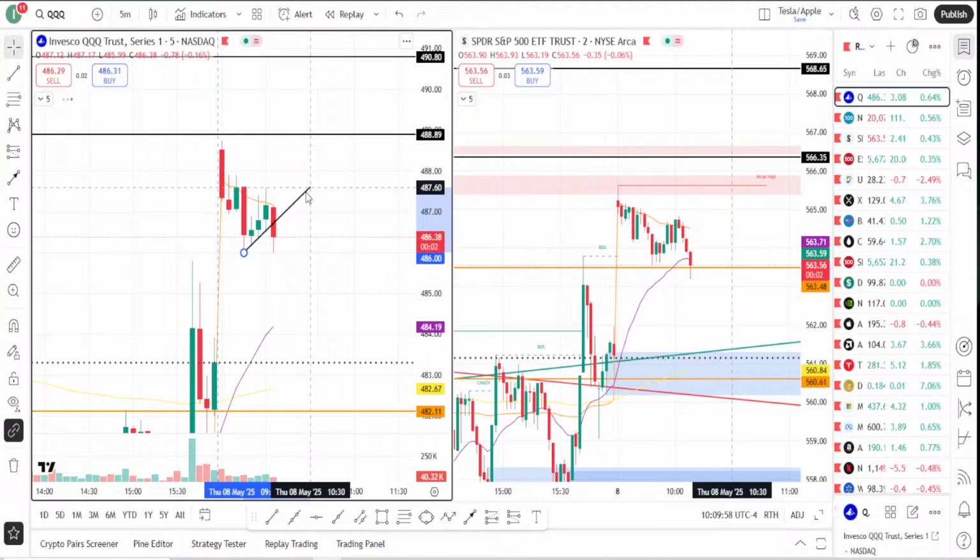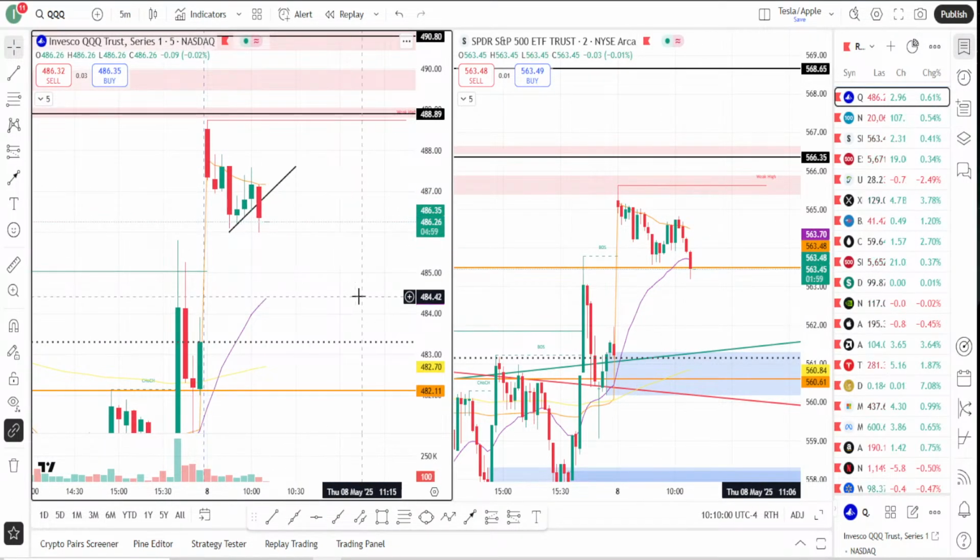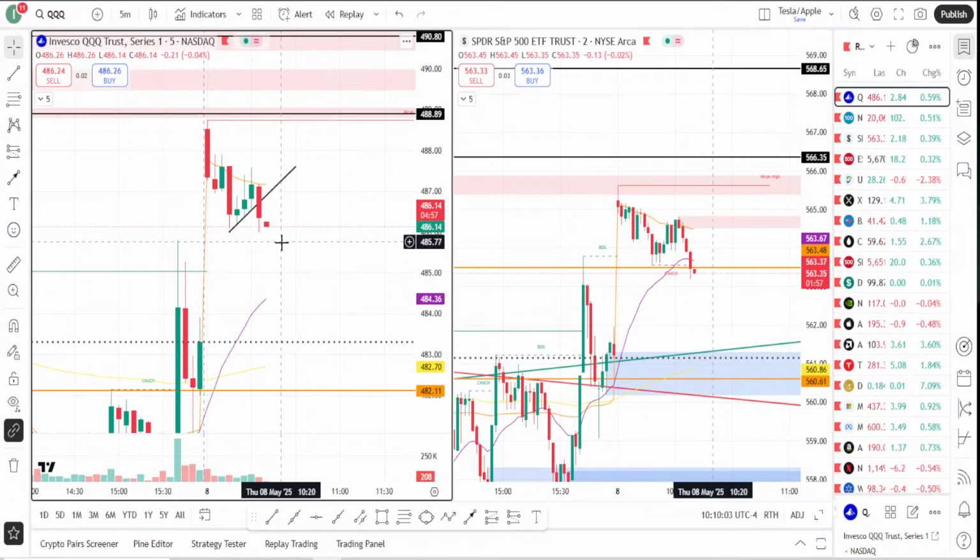We broke that support here on the Qs. This might be an attempt at filling this gap.